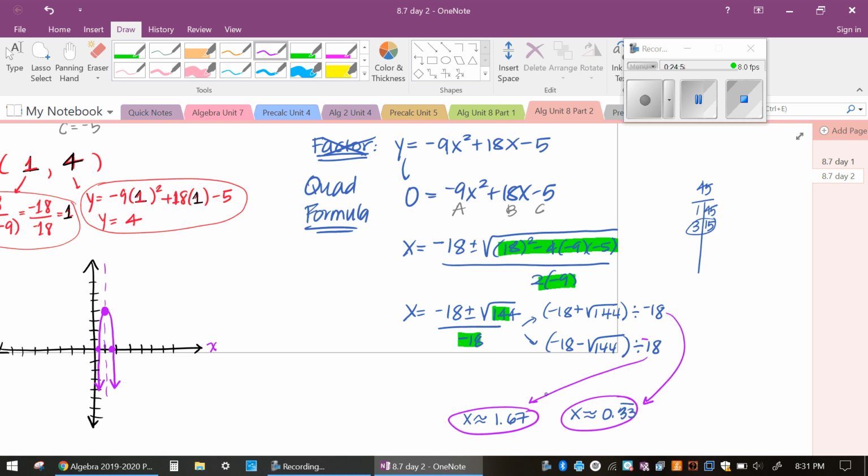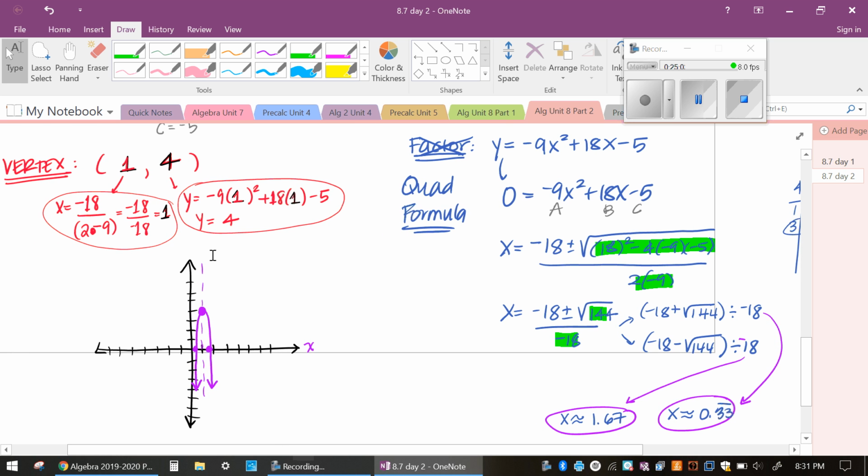Now, when you are graphing, my recommendation is to draw your axis of symmetry, which is that imaginary dashed line that goes right through the vertex. So as soon as you graph your vertex, draw that imaginary vertical line so you can make sure that your parabola is symmetrical.